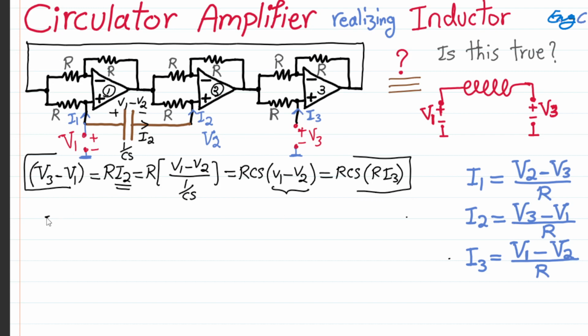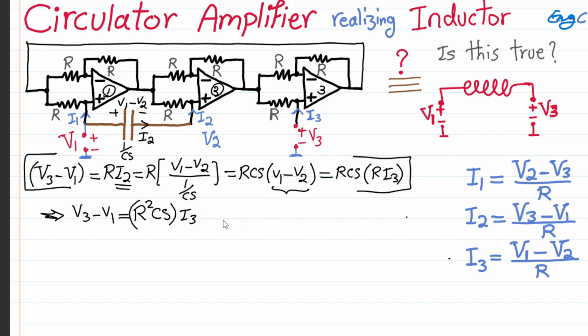Therefore, the conclusion is V3 minus V1 equals R squared, the parameter of the circulator amplifier, the value of the resistor throughout the circulator amplifier, times Cs times I3. That is exactly what I needed to prove.